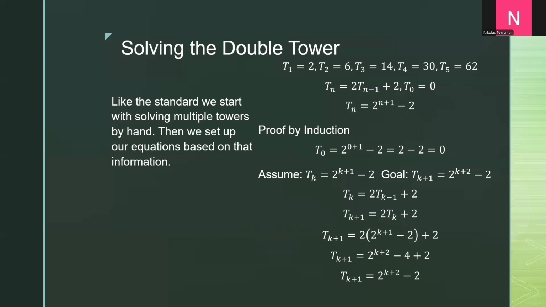So after distributing, our equation reads as T sub k plus 1 equals 2 to the k plus 2 minus 4 plus 2. And then once we add that 2 and simplify the equation, we have our goal. And so we have proven this equation to be true.